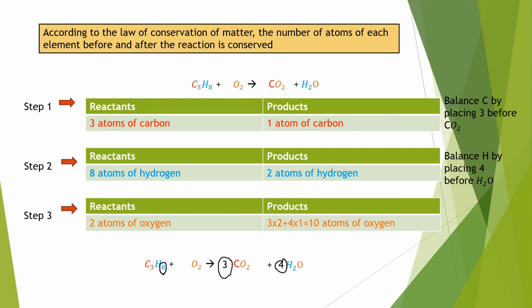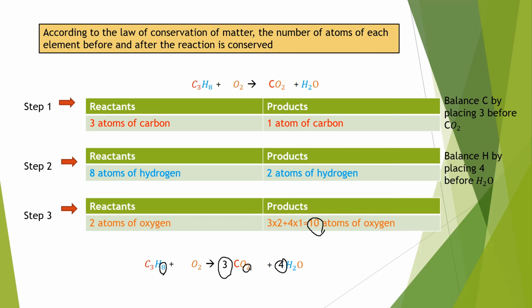So step number 3, I will count the number of atoms of oxygen. I have 2 oxygen atoms in the reactant, but I have here 3 times 2, it is 6, plus 4, it is how much? 10 atoms of oxygen.